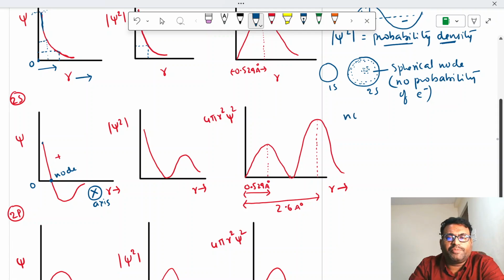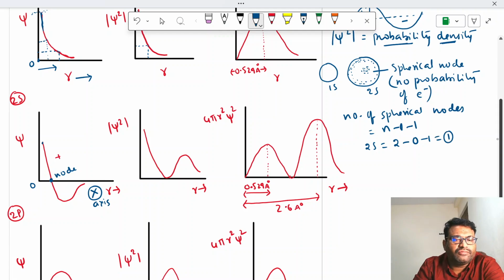The number of spherical nodes is given by the formula n minus l minus 1. Here for the 2s orbital, 2 minus l, and the l value for the s orbital is 0, so 2 minus 0 minus 1 equals 1. So there is one node. If the graph is drawn between psi square and r, there will be no negative part, so the graph will only be in the positive region.